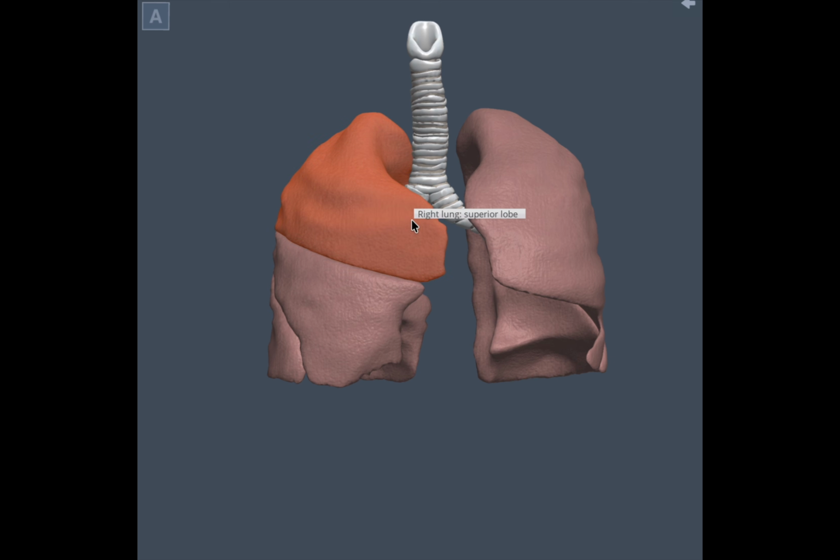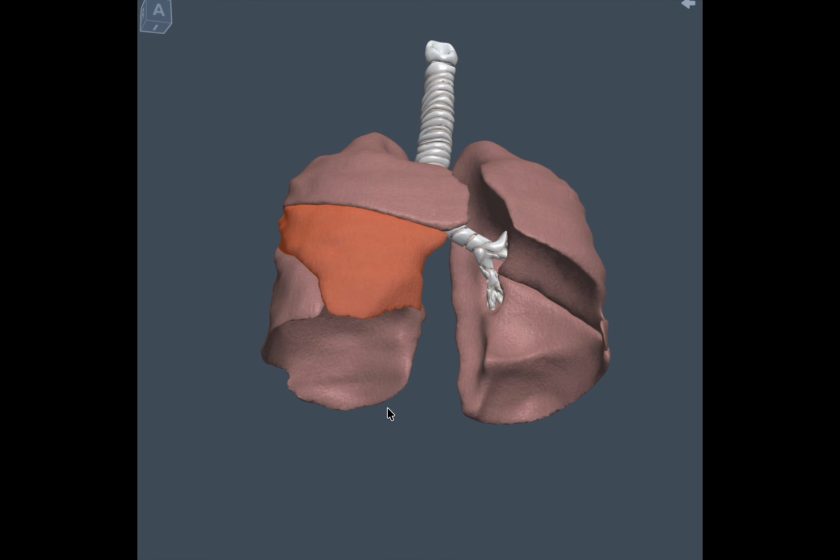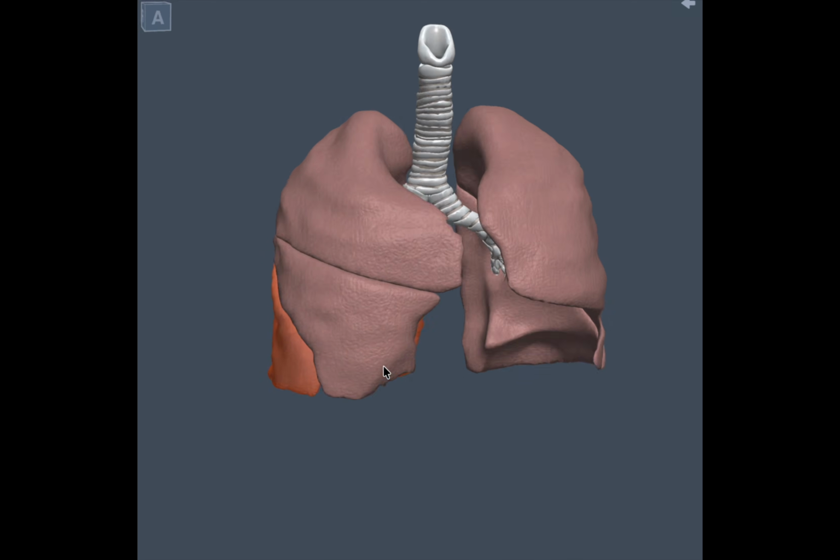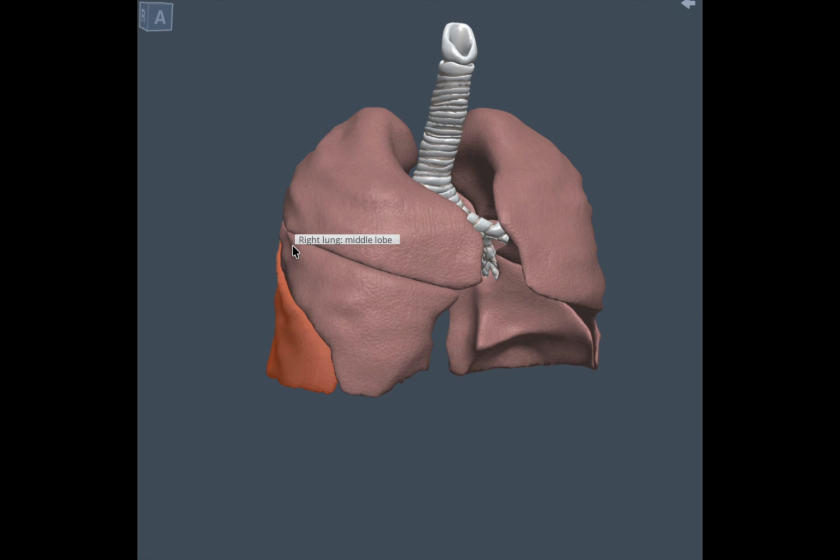You've got the superior lobe, the middle lobe, and the inferior lobe. Now, the fissures that separate these, you've got an oblique fissure that separates your inferior and middle. You've got a horizontal fissure that separates the superior and middle.